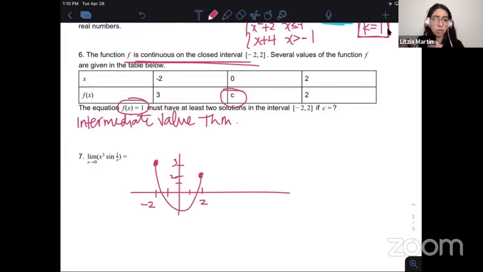And actually what I just drew right here is what we want to show, because we want it to have at least 2 solutions in the interval. And actually I just realized this is supposed to be multiple choice, because otherwise there's an infinite number of values that could work here. Let me pick out, I think I have the problem right here, what those options are.